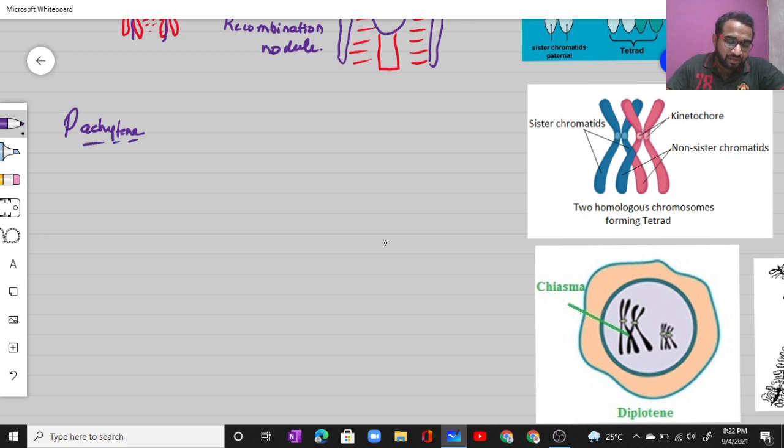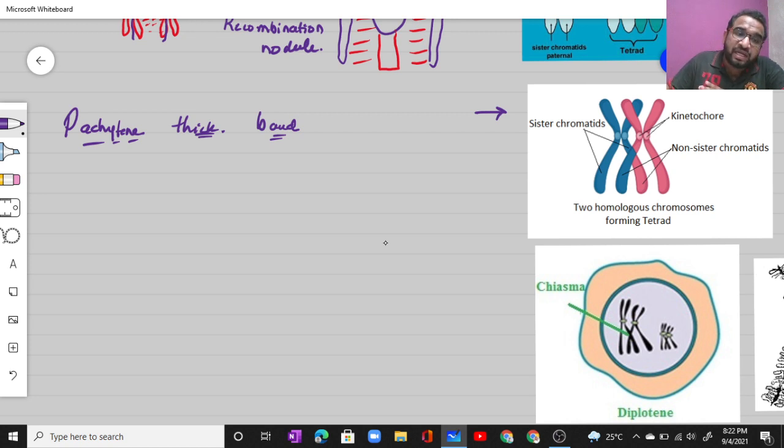The packaging stage, also called pachynema. Pachys means thick and tenia means band, so thick bands are going to get formed. The diagram is over here. Now what we can see in the diagram is that as soon as the synapsis is over, the cell is going to enter the packaging stage.